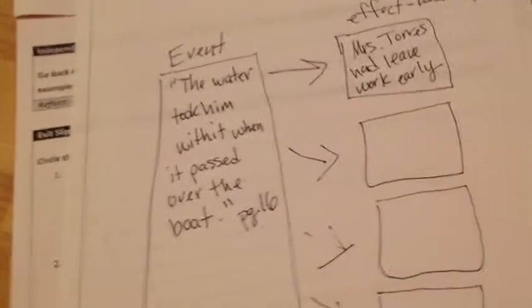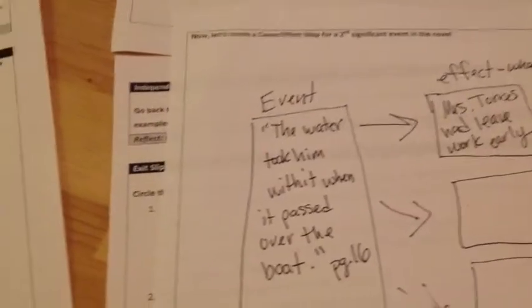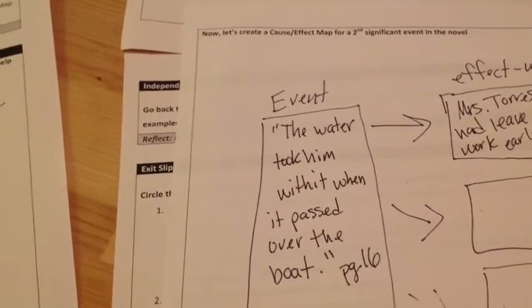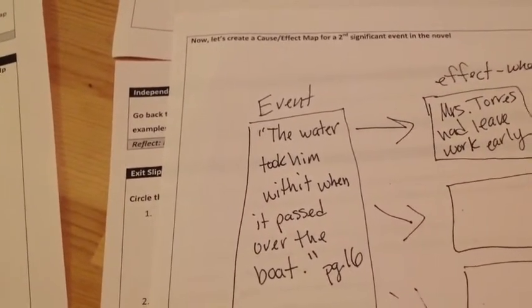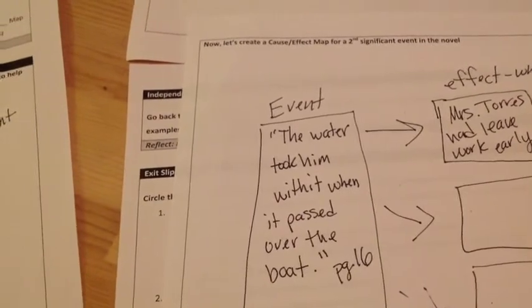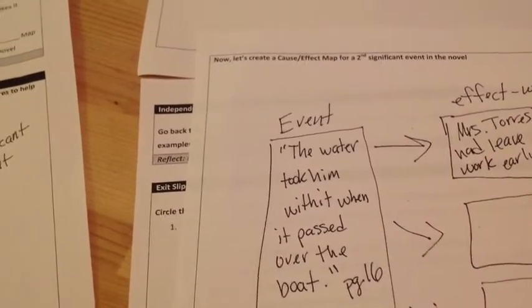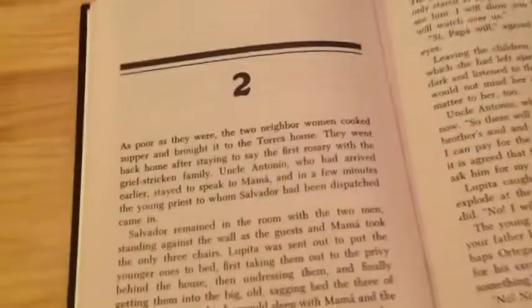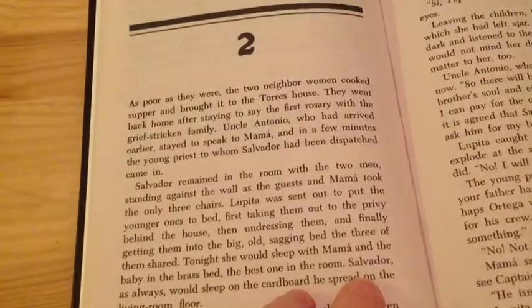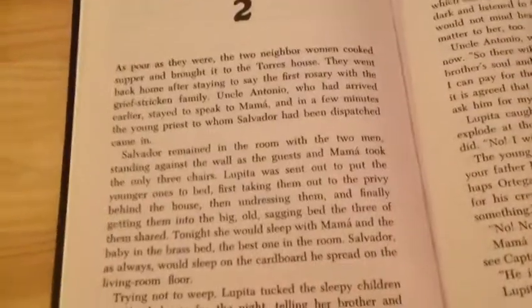What are some things that were an effect of Mr. Torres dying today? Well, in the beginning, we see that the neighbor women are still trying to help out. They cook supper and bring it to the Torres house. Let me show you what I'm looking at. I'm looking at the book. They have to go get Uncle Antonio, right, who is their uncle, to come.